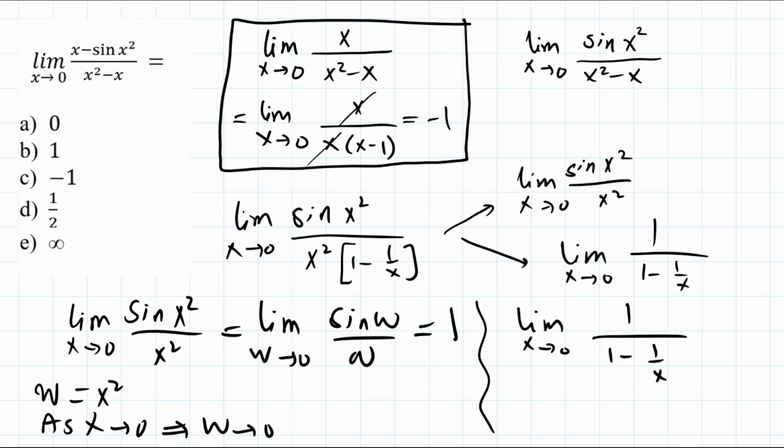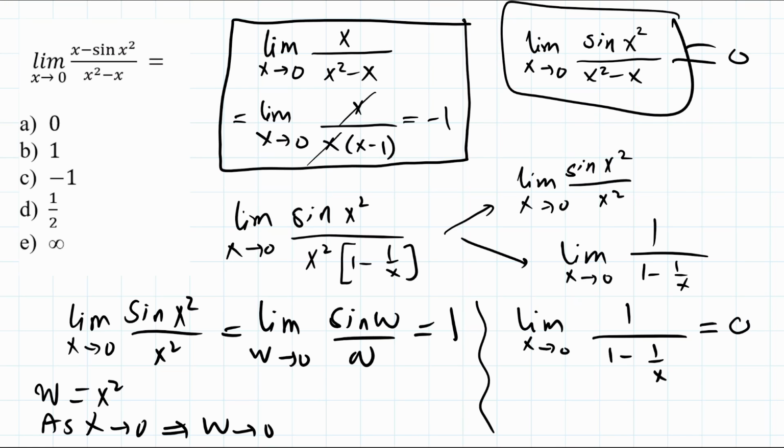As x goes to 0, 1 over x is going to be infinity, and this is 1 minus infinity, which is minus infinity. 1 divided by minus infinity is going to be 0. So now this whole limit is equal to 0, and the answer, of course, you just want to subtract them. Minus 1 minus 0 is just minus 1.